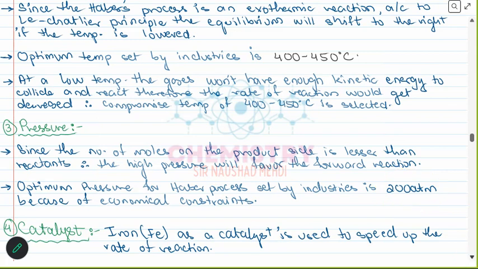We have also compromised on the temperature, and that can be covered by using a catalyst too. Understood? So the catalyst will speed up the production of ammonia gas, and the catalyst we are using is iron. Okay, so iron is used as a catalyst.